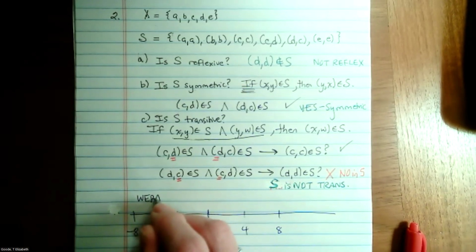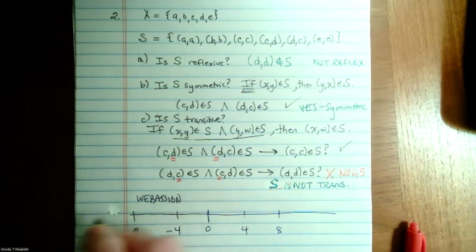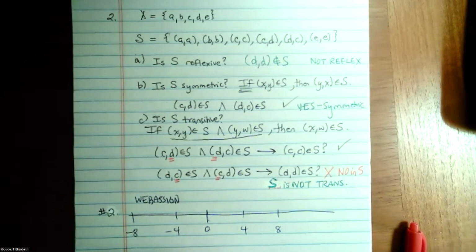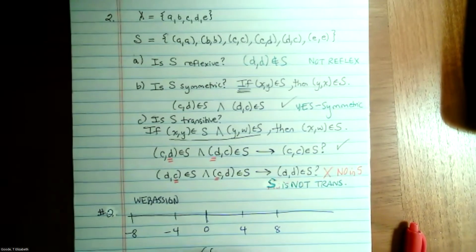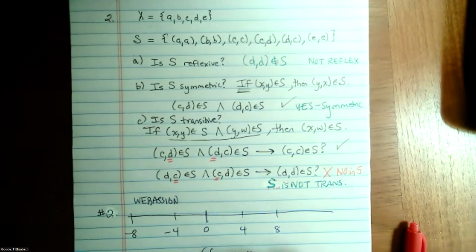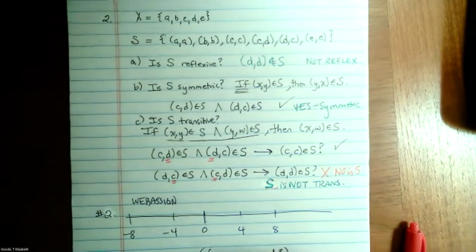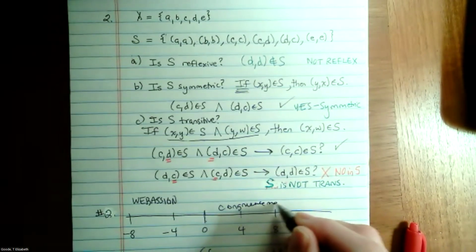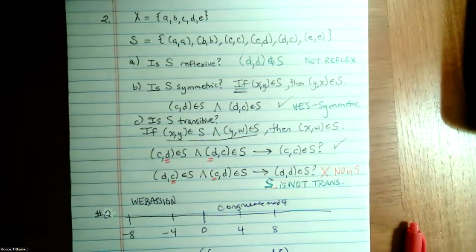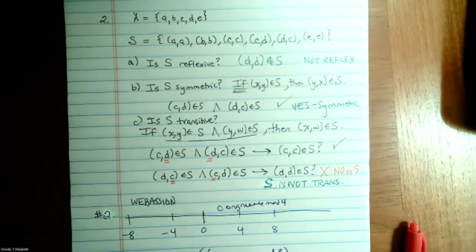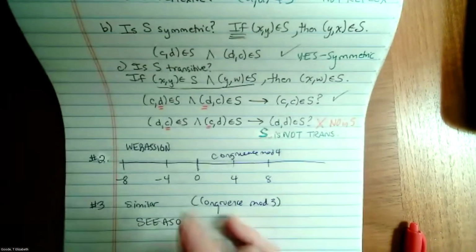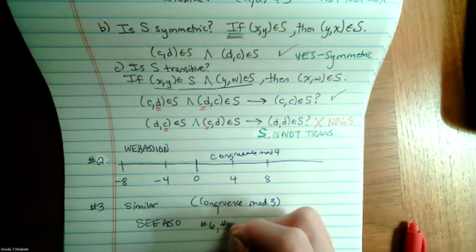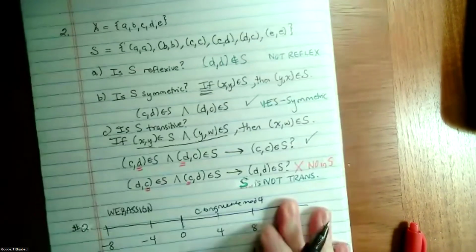So that was WebAssign number 2 and 3, right? Yes. Because number 2 is congruence mod 4. And so see also number 6 and number 7 on the worksheet.